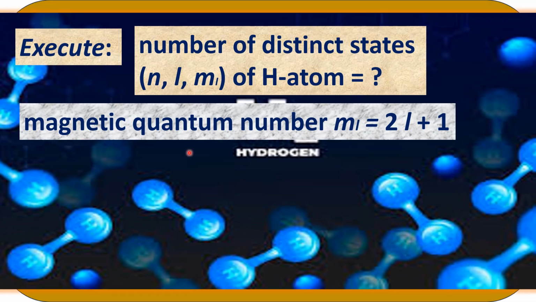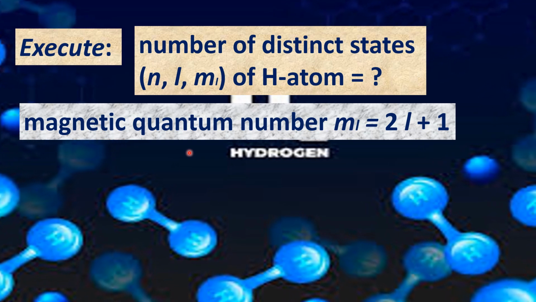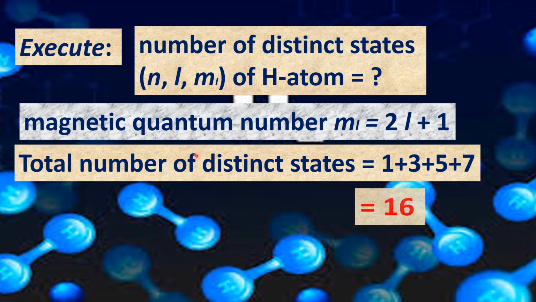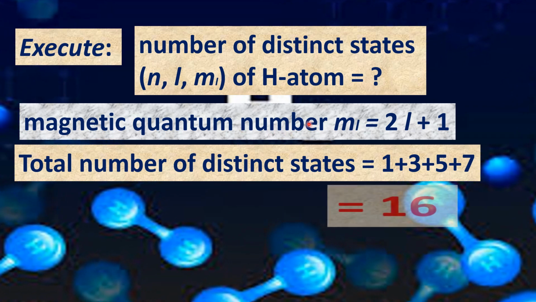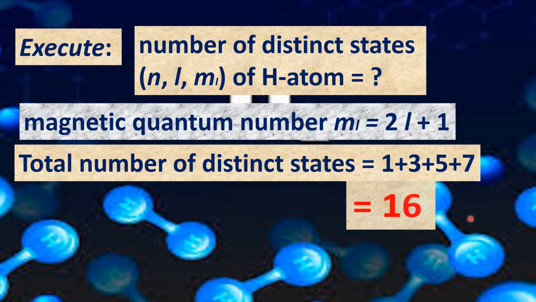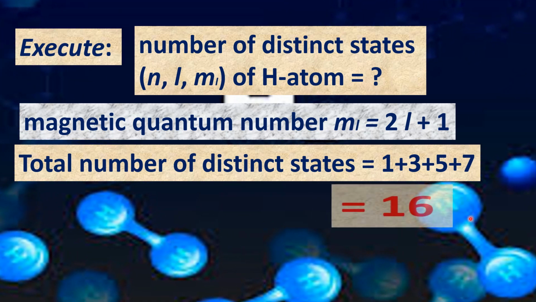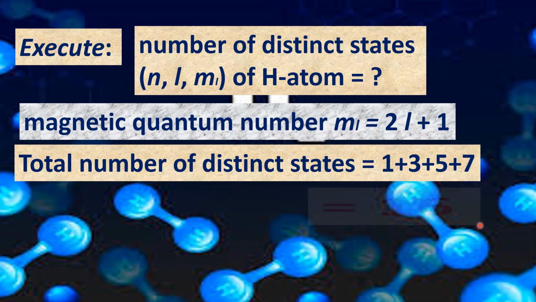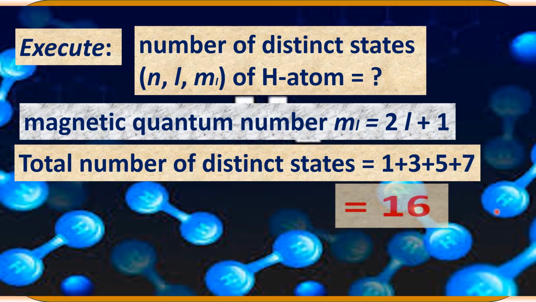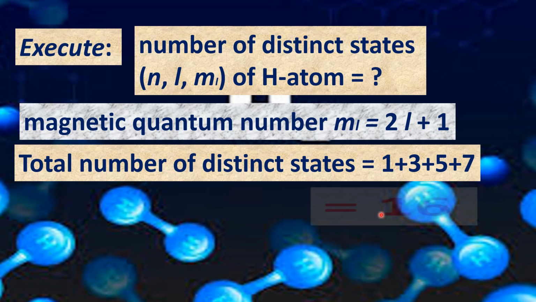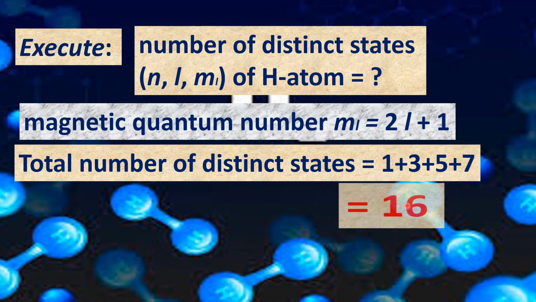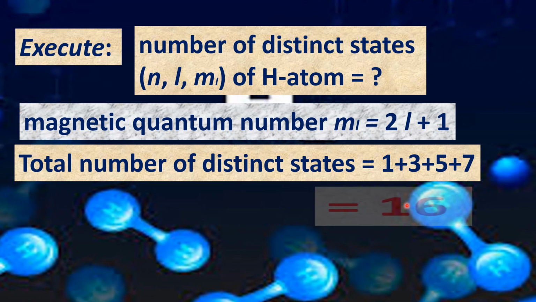Hence, the total number of distinct states is 1 plus 3 plus 5 plus 7. That gives us 16. So there are 16 distinct states. In chemistry, they usually call these electron orbitals.